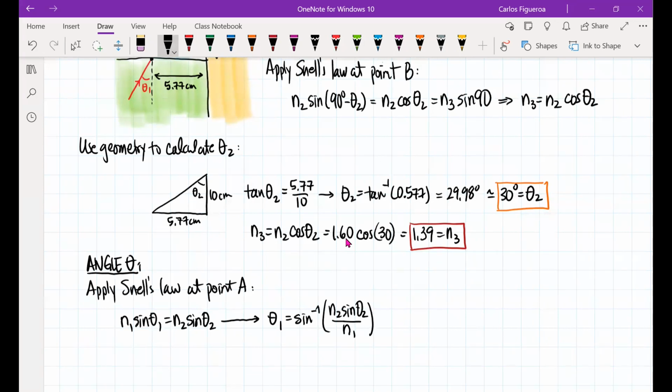So if I punch in my numbers, right, I know that this is going to be what? This will be sine inverse of 1.60 times the sine of 30 degrees, divided by 1.70, and my numbers indicate that this is 54.9 degrees, and this is theta 1.